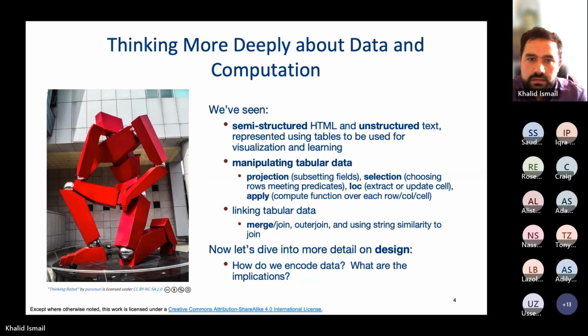Right. So let's think more deeply about data and computation in this session. Before we jump deeper into that, I'm not expecting you to understand everything during this session and the next couple of sessions. We're trying to give you an overview, a little bit more understanding, a bit of an idea.